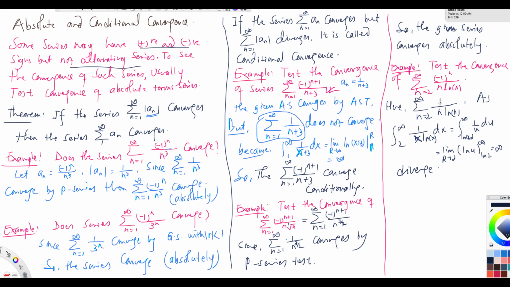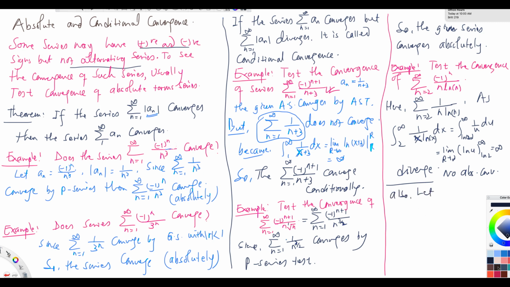It doesn't mean that the regular series diverges. Now I want to test if the regular series converges. Okay, so no absolute convergence. Now I want to test if this series converges by the alternating series test.